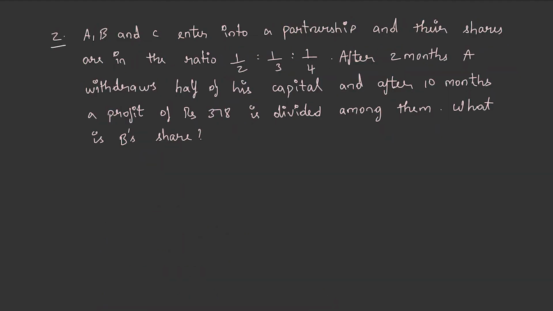A, B and C enter into a partnership and their shares are in the ratio 1/2 : 1/3 : 1/4. After 2 months, A withdraws half of his capital, and after 10 months, a profit of rupees 378 is divided among them. What is B's share? This is similar to what we have done before.